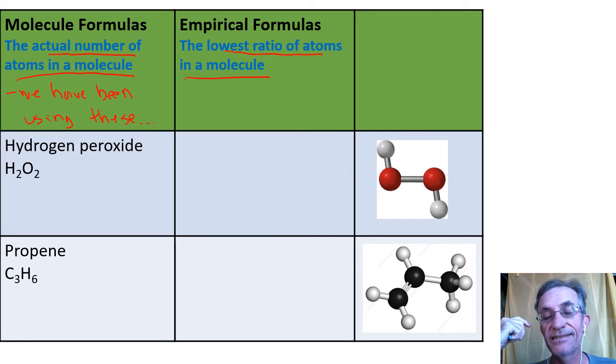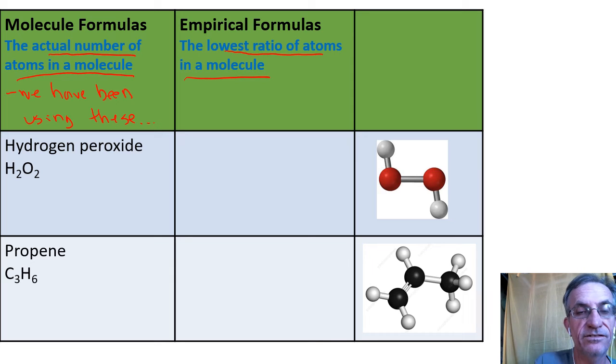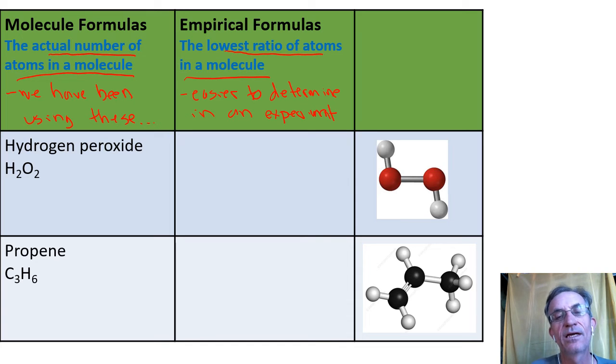Well, the reason is that it turns out empirical formulas are way easier. They're easier to determine in a lab. We'll say in an experiment. So we're going to learn about how you determine the empirical formula of a compound. And really what we're going to hear about is the calculation that goes along with it.